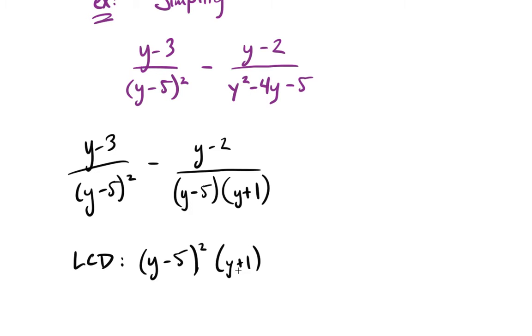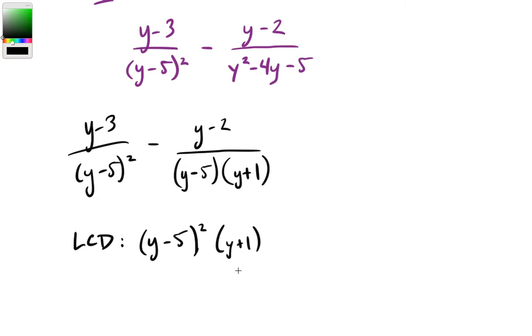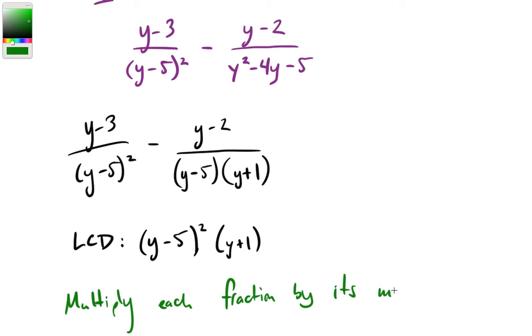Now, because there's no equal sign in this expression, we're just trying to put these fractions together. What we want to do is multiply each fraction by its missing pieces.